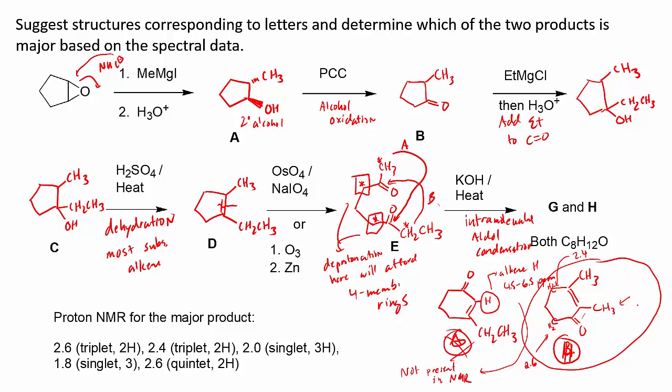We'll say that this one being closer to the C double bond O is 2.0, this one 1.8, but that chemical shift is too close to really make that a reliable assignment. And finally a quintet. I think this is a typo, sorry, at 1.6. Right there. So yeah, 1.6 parts per million right there.